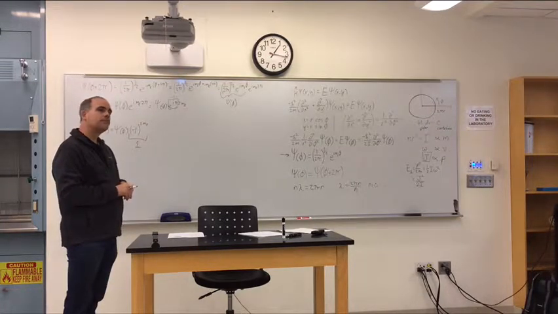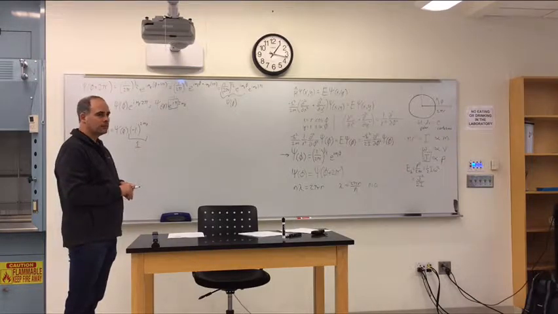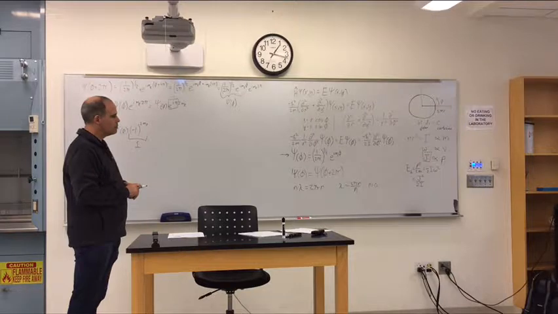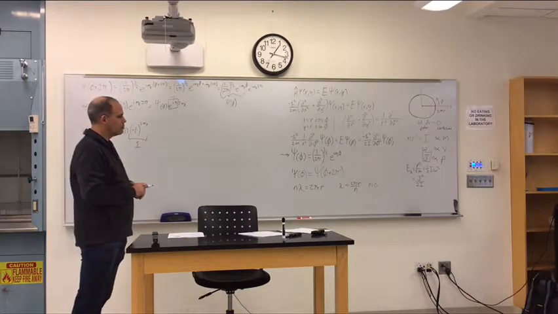So in order for us to check if it's a valid wave function, we just literally do, psi of a variable equals psi of the variable plus 2 pi. If those two are equal to each other, it's a valid function. So basically psi of phi equals psi of phi plus 2 pi.